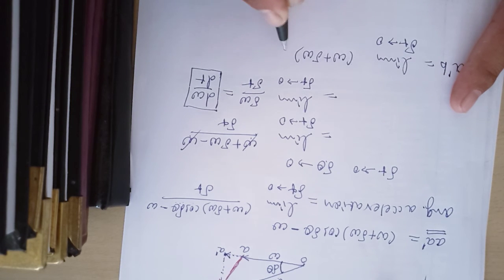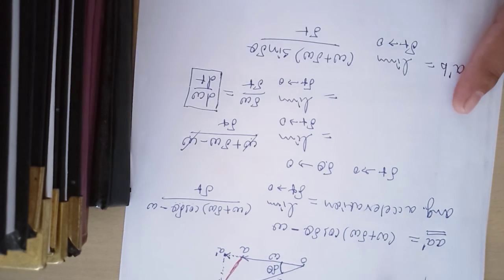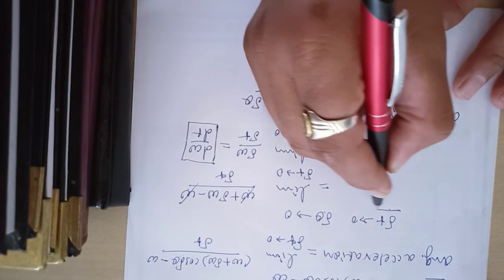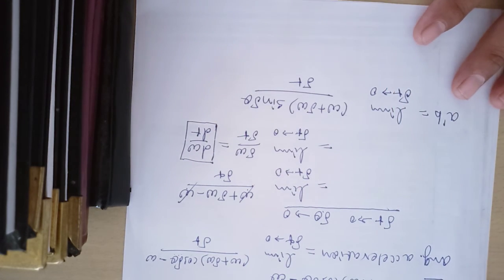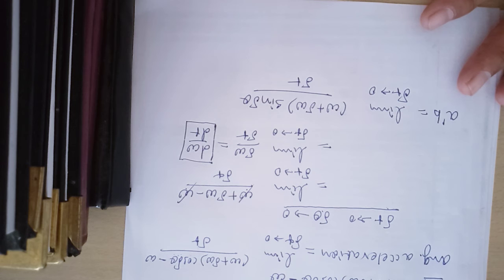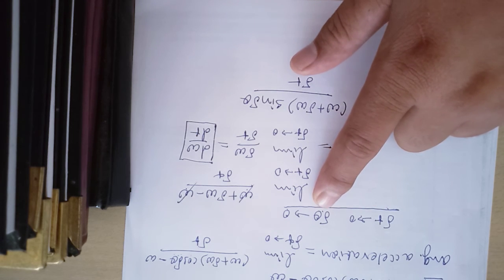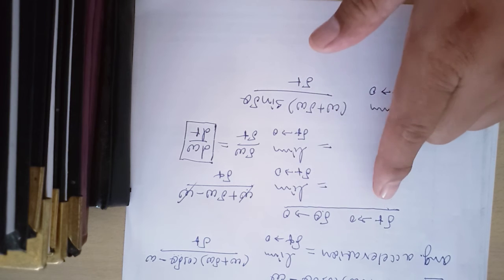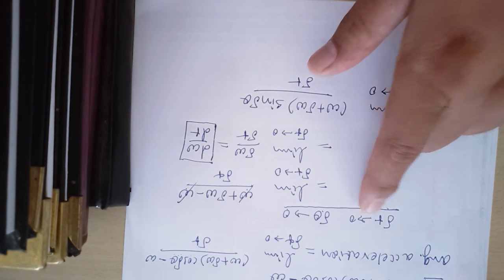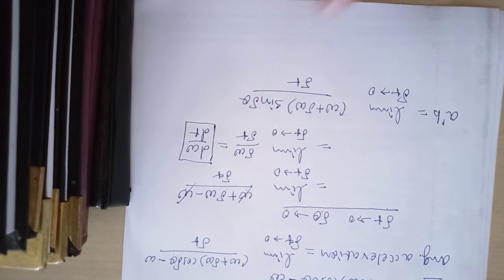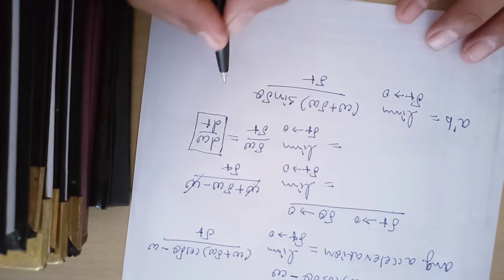The same thing is to be applied here, because this phenomenon occurs for a very small time period and very small angular deflection. So as del t tends to 0, sine del theta becomes del theta.